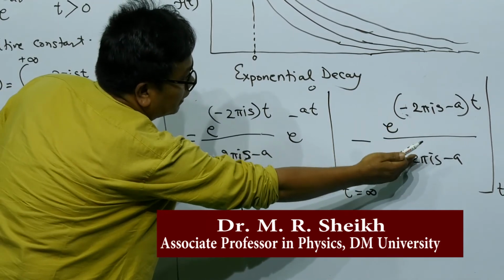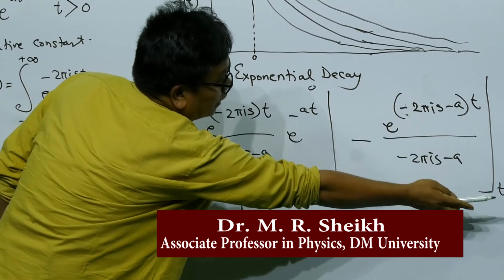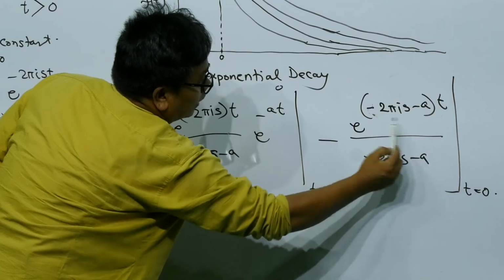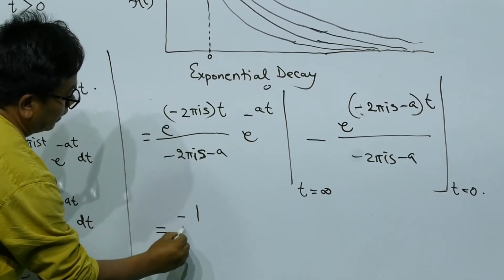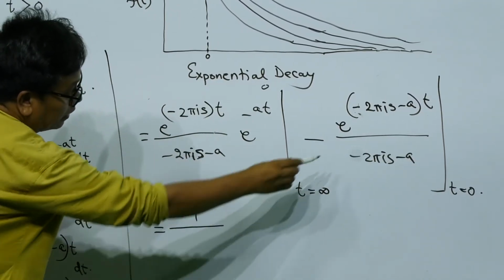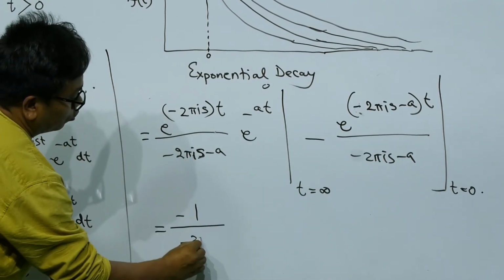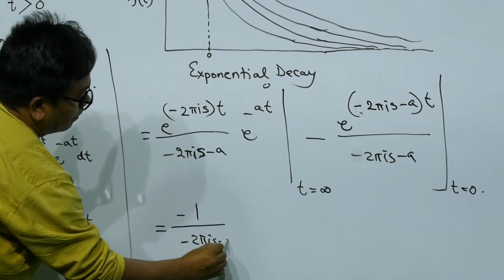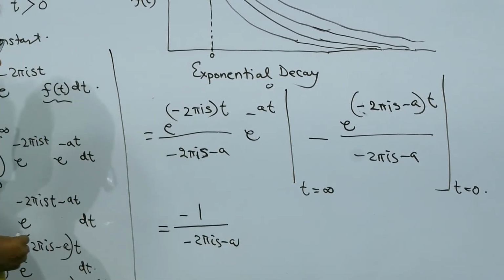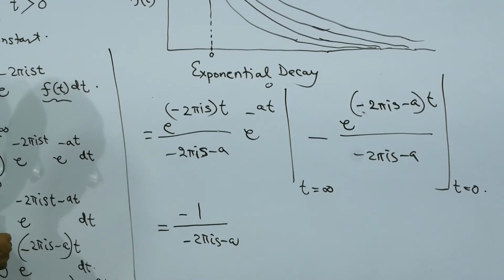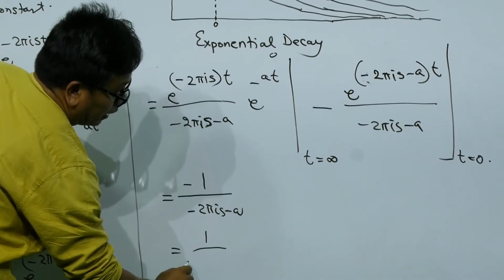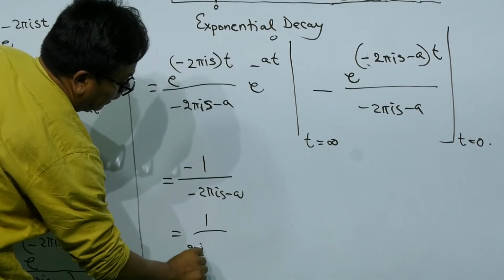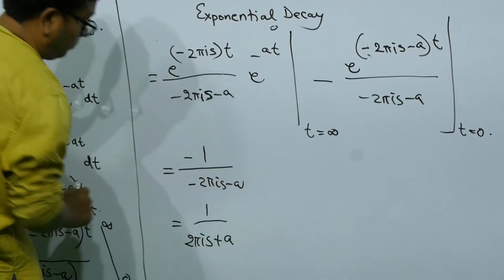Then what about this? In place of t, if I write 0, then e power 0 is 1. So minus 1 divided by the denominator, which will be minus of 2 pi I s minus a. And this is of course 1 by 2 pi I s plus a.